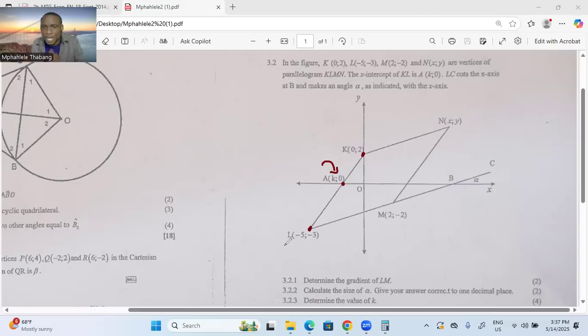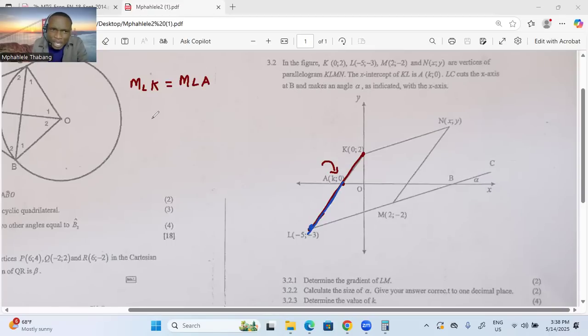For me to find the value of K, which is found at point A here, I will say the gradient M of LK is equal to M of LA. LK and LA have the same gradient. These are points on the same line, so if you use them to calculate the gradient, your answer must be the same. After all, this is the same line.